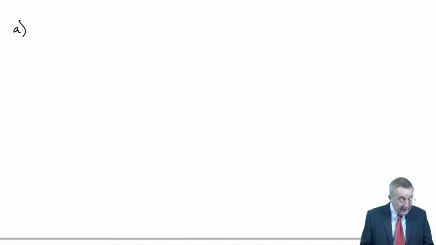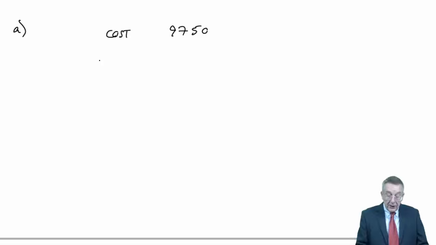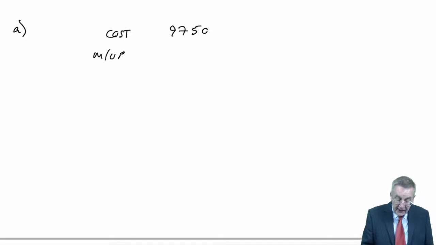Part A, using traditional markup pricing, what's the expected selling price? Well, this is what I said right at the beginning. This is the way people used to always work. They take the cost, $9,750. They want to make a markup of 25%. Markups are always based on cost.